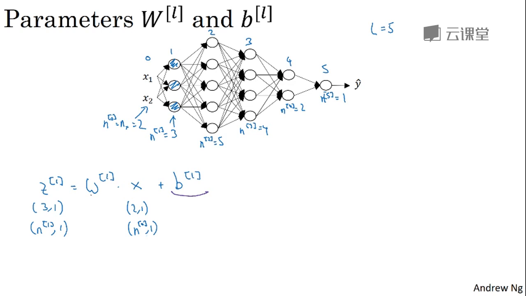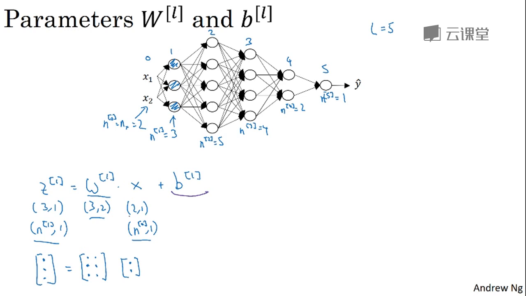So what we need is for the matrix W1 to be something that, when we multiply an n0 by 1 vector by it, we get an n1 by 1 vector. So you have a 3-dimensional vector equals something times a 2-dimensional vector. By the rules of matrix multiplication, this has got to be a 3 by 2 matrix. Right?